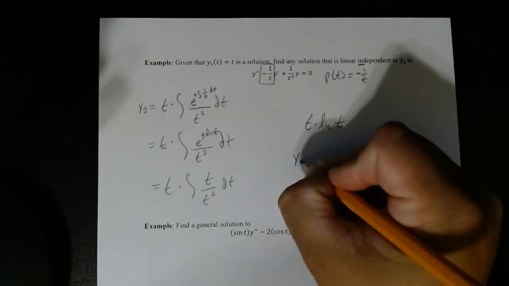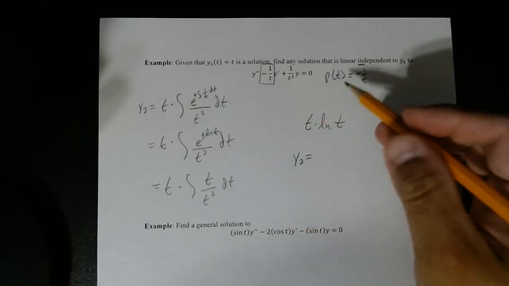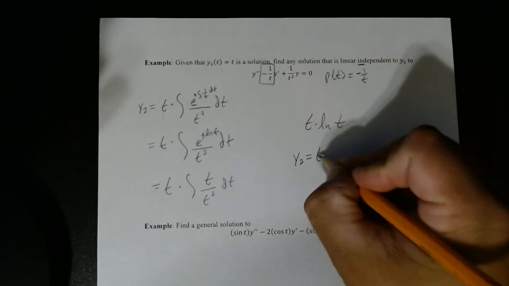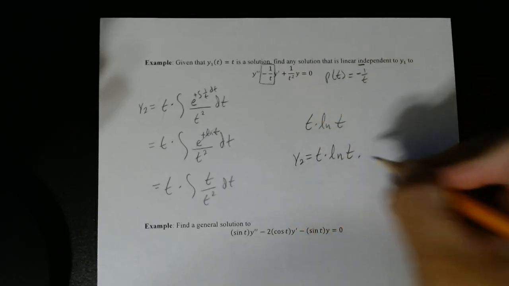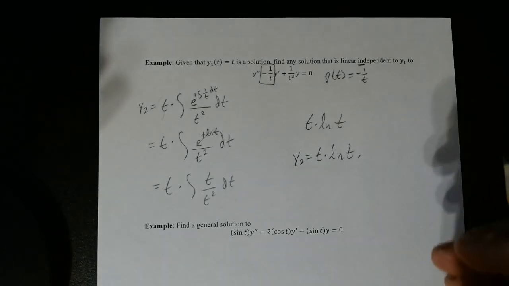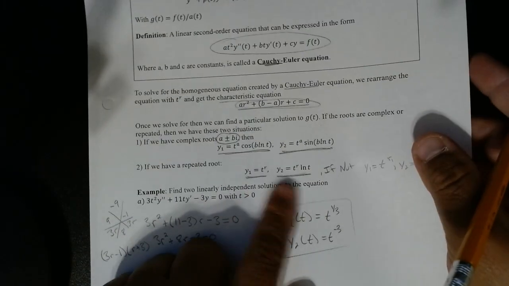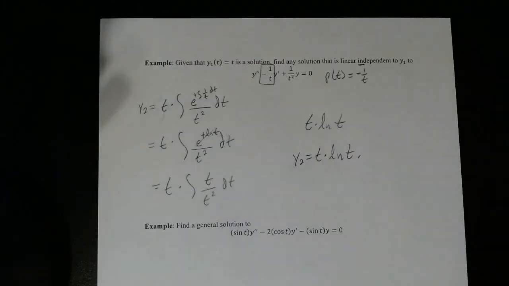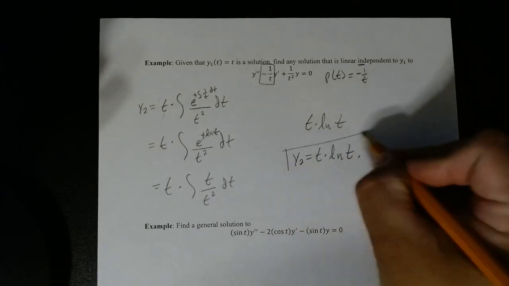So a solution to this part will just be t times ln of t. Which is interesting because we just talked about this. This represents a double root. So we just found a double root to our homogeneous equation, which works.